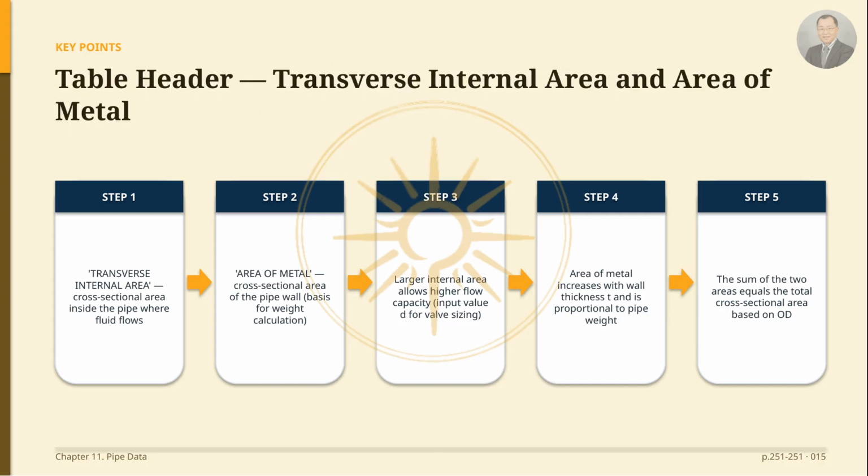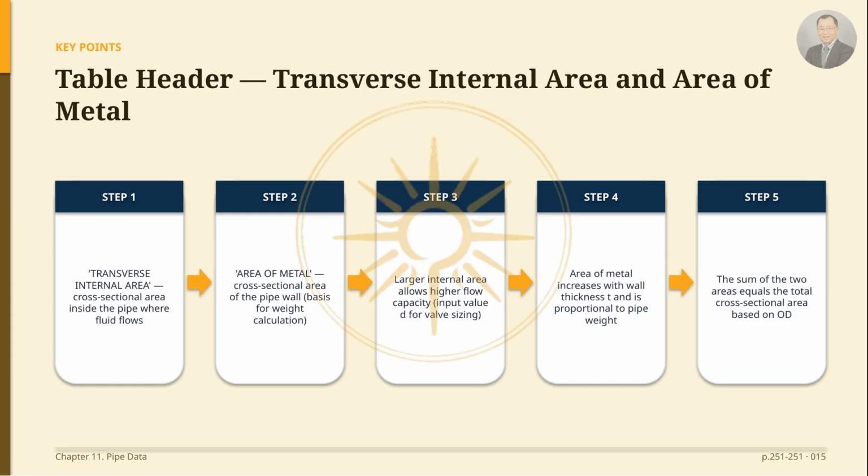I'll now introduce the transverse internal area and area of metal columns in the table. The transverse internal area refers to the cross-sectional area where the fluid actually flows inside the pipe. This is the base value used to evaluate flow capacity via the inside diameter, d, during valve sizing.